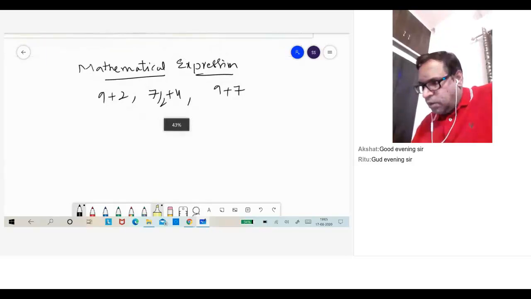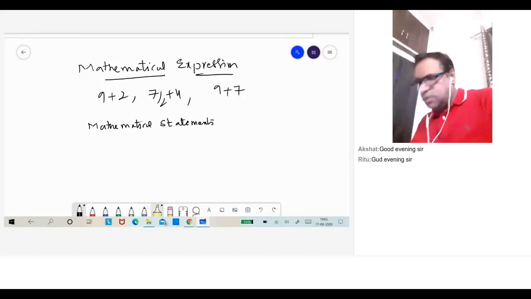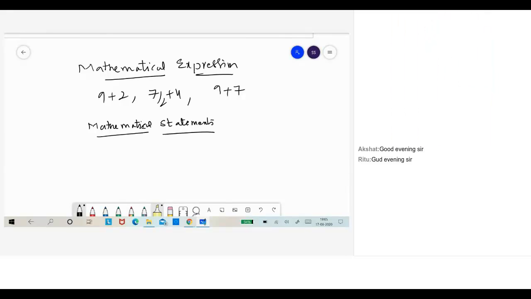Now, you have something called mathematical statements. Let's understand what mathematical statements are. A mathematical statement is, if the statements are connected with inequalities, something like greater than, this is called greater than inequality.